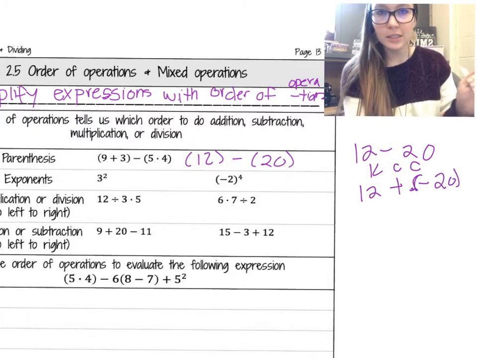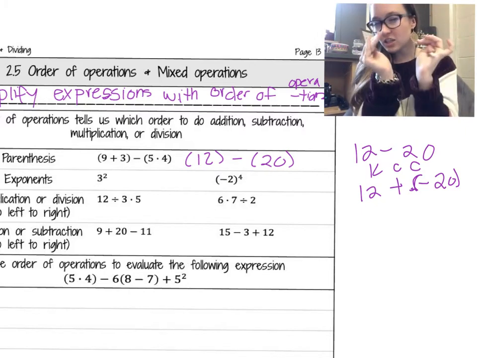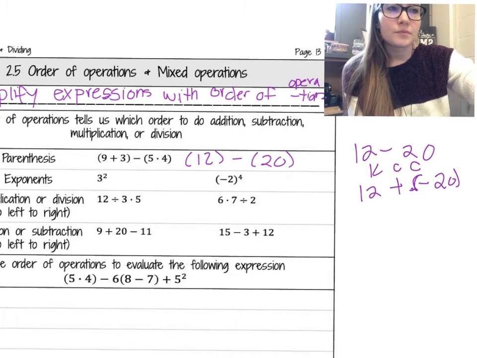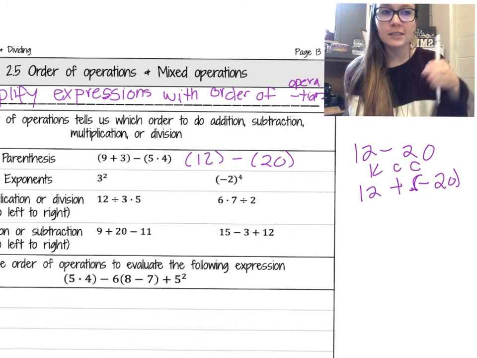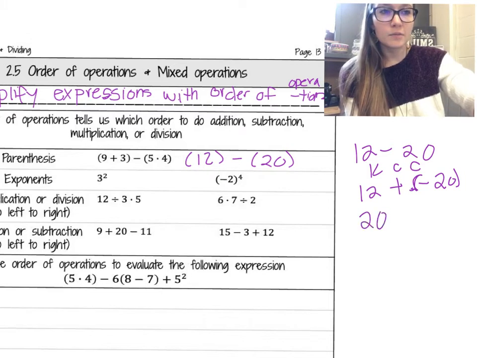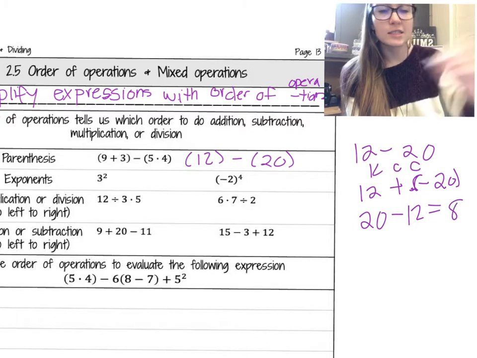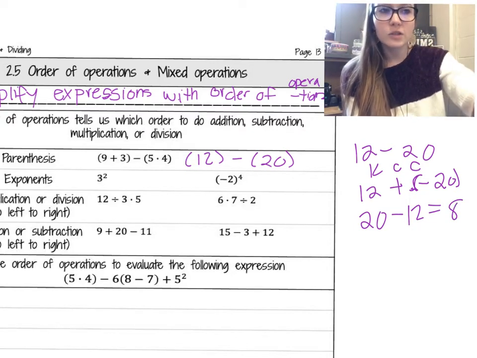This parentheses is just saying that that negative belongs to the 20 and that it's not a subtraction. Okay, so same sign, add the numbers, different signs, subtract. One's positive, one's negative, they're different signs, so we're going to subtract the bigger minus the smaller. 20 minus 12 is 8. Then we keep the sign of the bigger number. 20 is bigger and positive, so it's going to be negative 8.